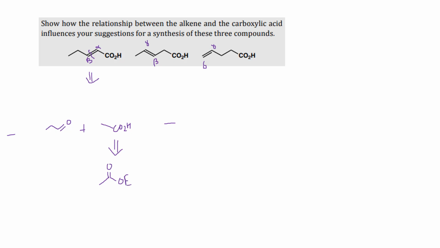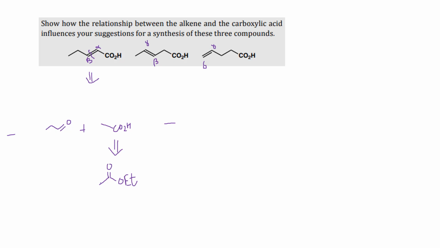So what will be the forward synthesis? If you take this aldehyde and this ester and perform aldol condensation, it can be performed through aldol condensation and also by Reformatsky rearrangement.